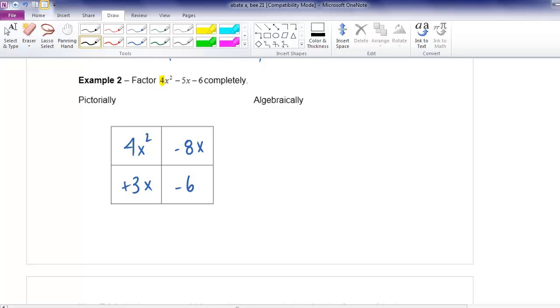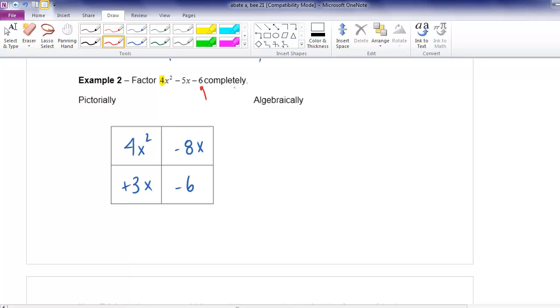One of the things I want you to notice right now is there are factors of negative 6 that add up to negative 5. And the factors of negative 6 that add up to negative 5 are positive 1 and negative 6.